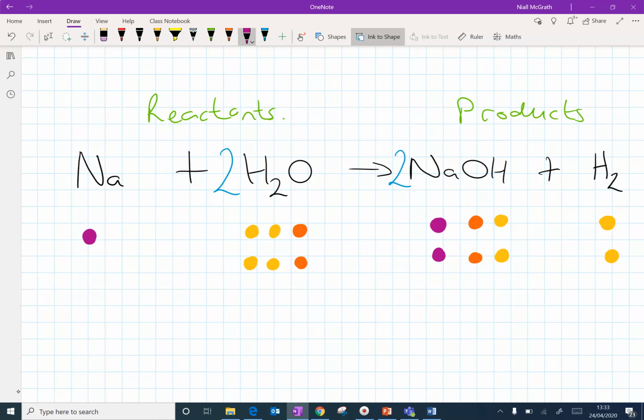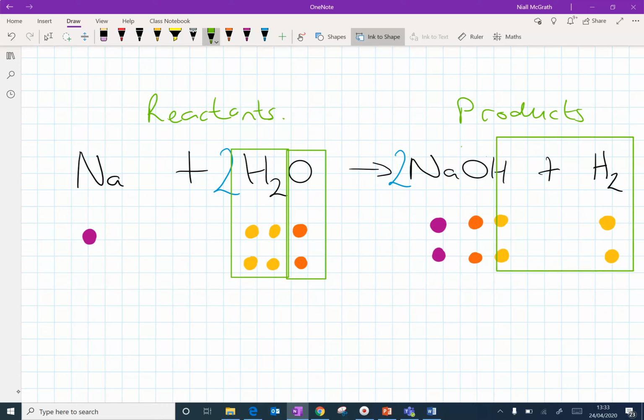So now we have satisfied that our hydrogens are balanced. We're also satisfied that our oxygens are balanced: 4 hydrogens, 2 oxygens. But now we have 2 sodiums and we have 1 sodium.